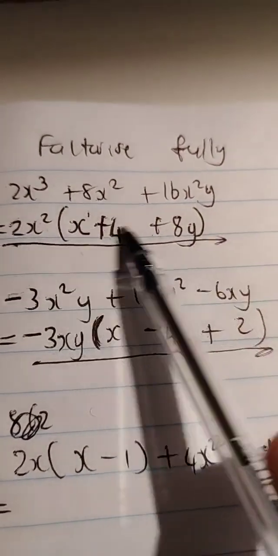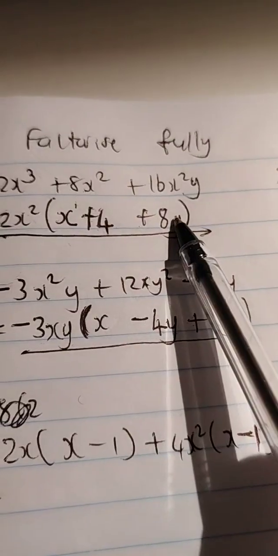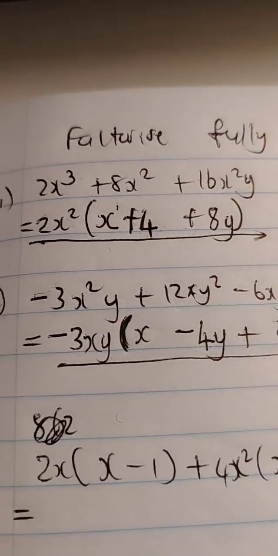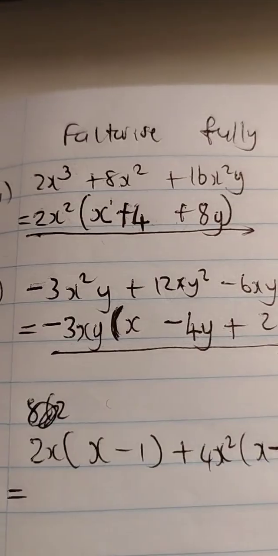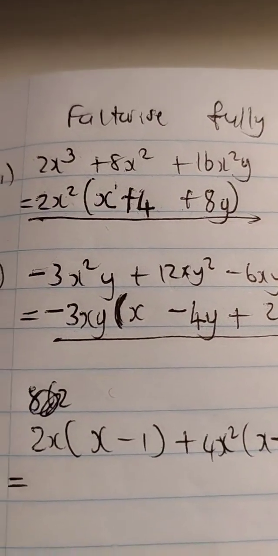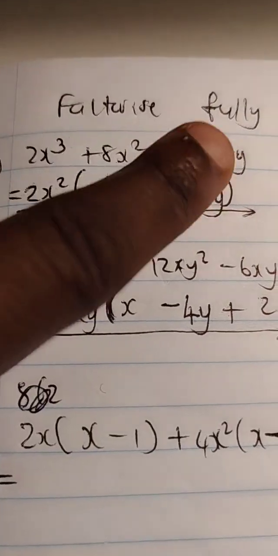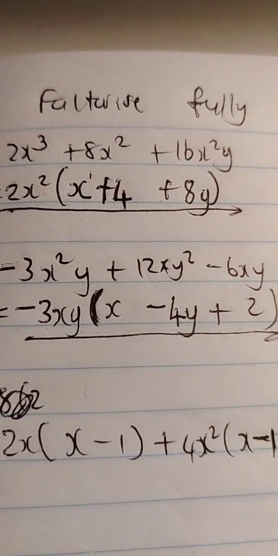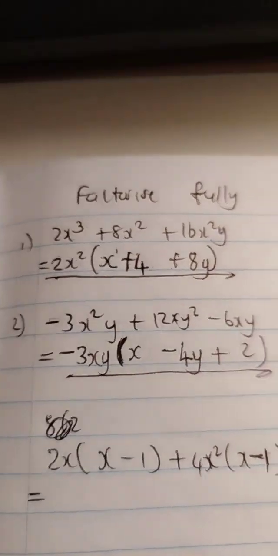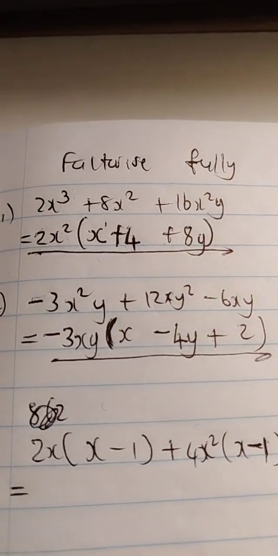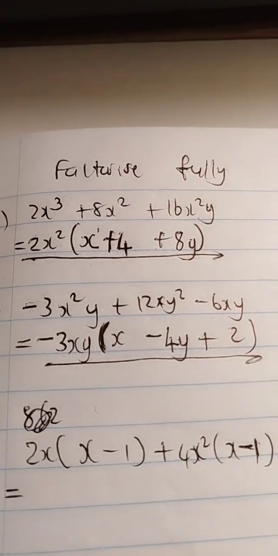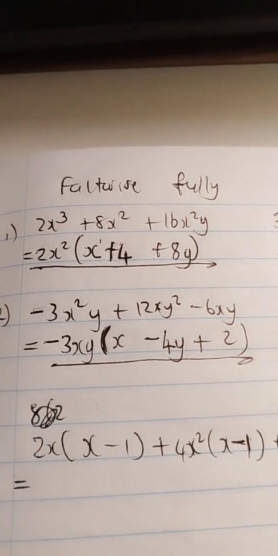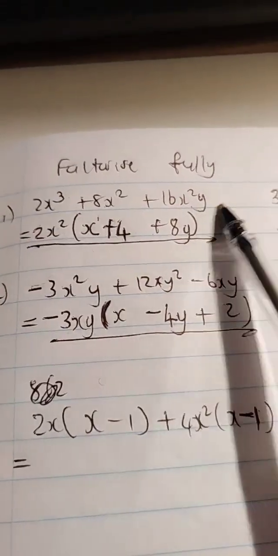If we look at the expression inside the bracket, there are no like terms, neither is there any other factorization that can be done. So our answer for factorizing 2x cubed plus 8x squared plus 16x squared y fully is this. 2x squared is the highest common factor, is out. Inside the bracket, x plus 4 plus 8y.